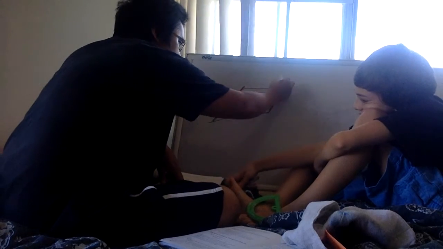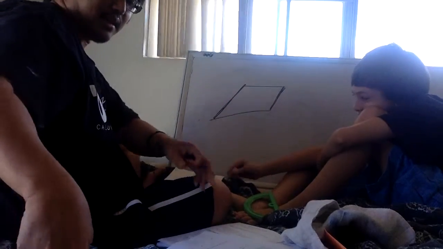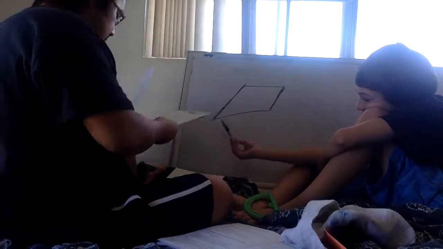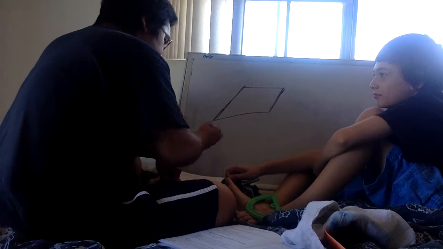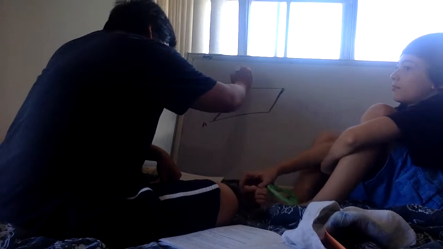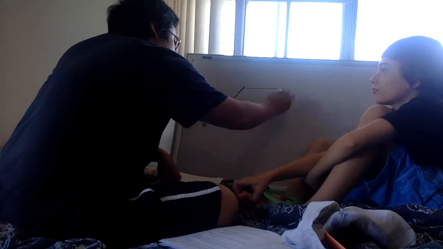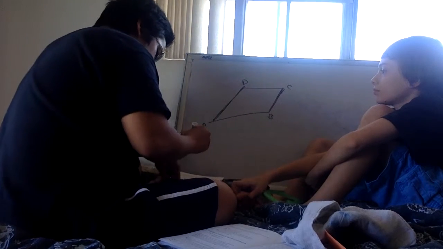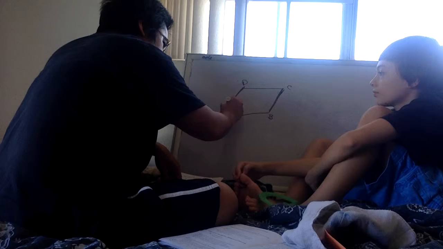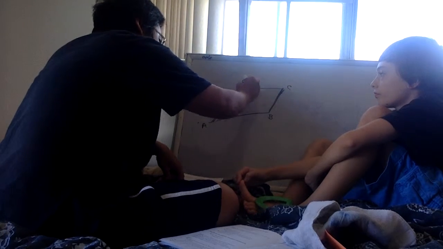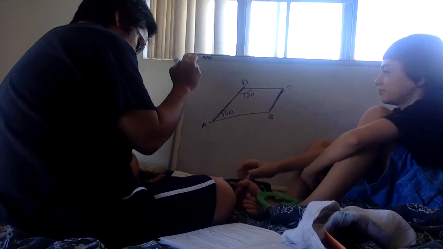In this case, let's pretend that this line is parallel to that line. I might have drawn it a little bit ugly, but let's pretend that's the case. Got it? All right. So here's A, B, C, D. This angle is 50. This angle is 120.